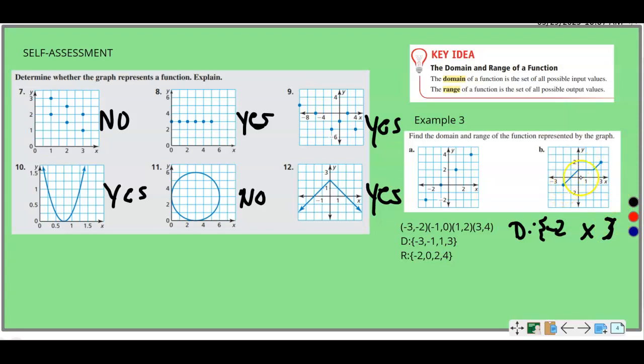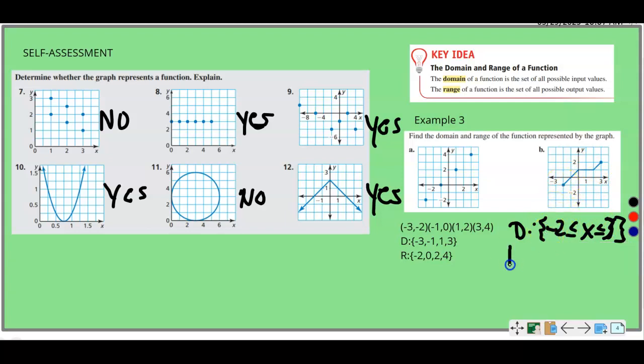They're included in the answer, okay? So it's going to be all x's greater than or equal to -2, and less than or equal to 3. All right, so this basically says all your x values between -2 and 3, including those two endpoints, okay? And we do include those because they are solid or closed in.